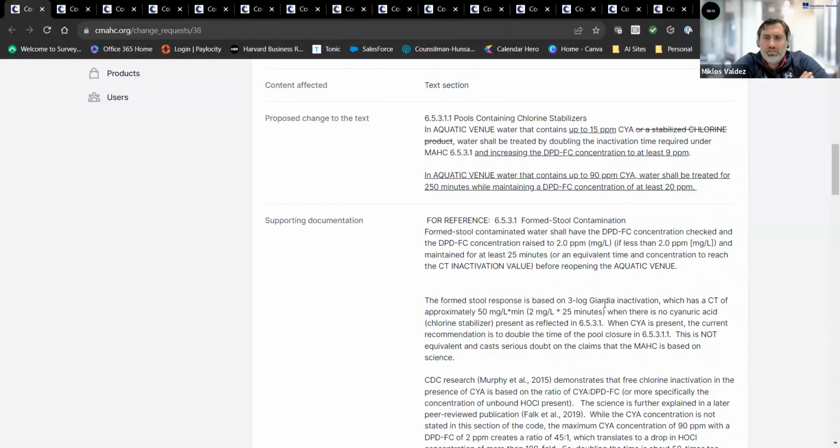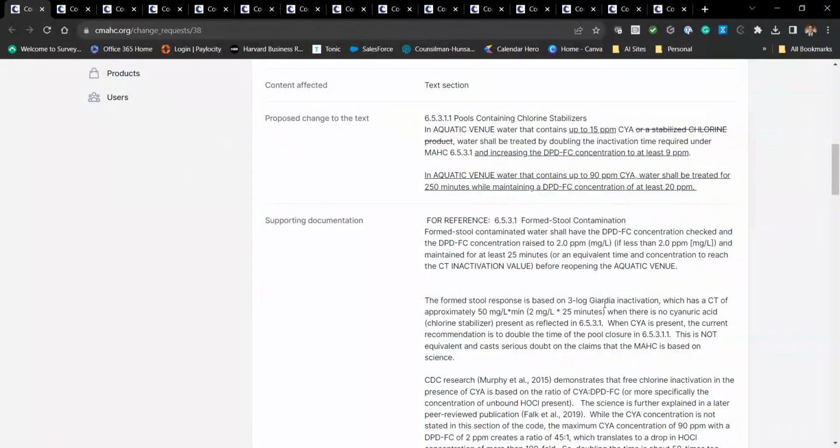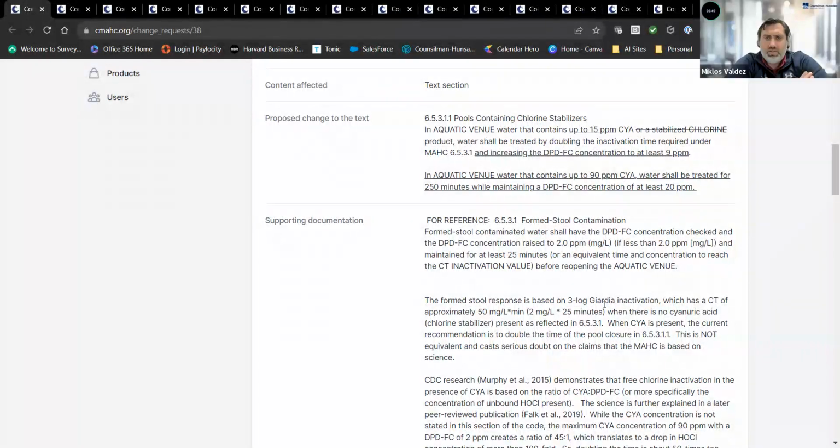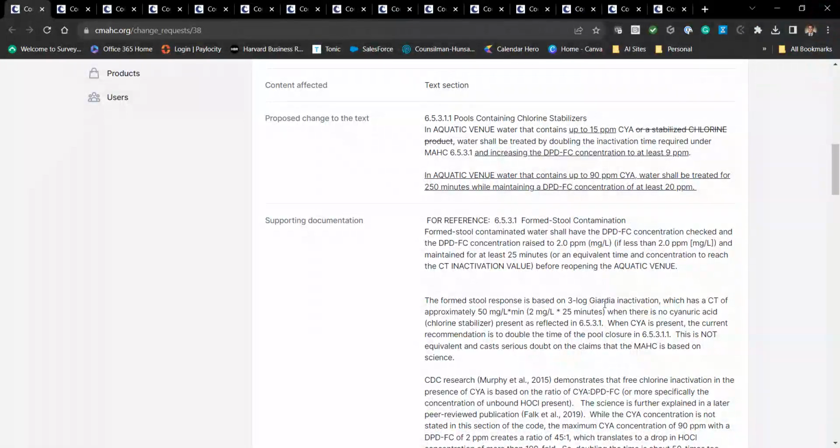And then in venues that have over 15 up to 90 parts per million, they would need to increase the chlorine concentration to 20 parts per million for 250 minutes. I think it's important to note that this is pertaining only to formed stools. That is correct. Diarrheal stool incidence is 6,532. Yeah, that's coming next.